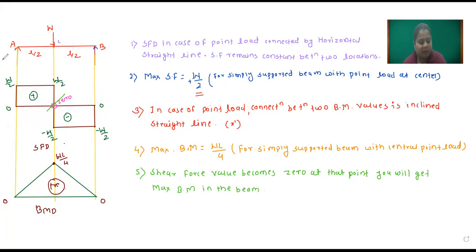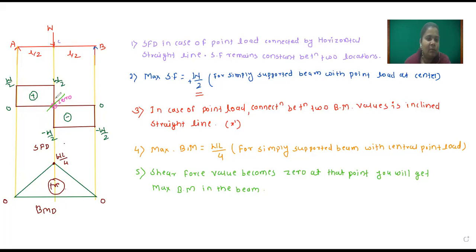So once again I will repeat all observations. From this shear force diagram, we observed that the shear force diagram in case of point load is connected by a horizontal straight line between 2 points, and shear force remains constant between 2 locations.